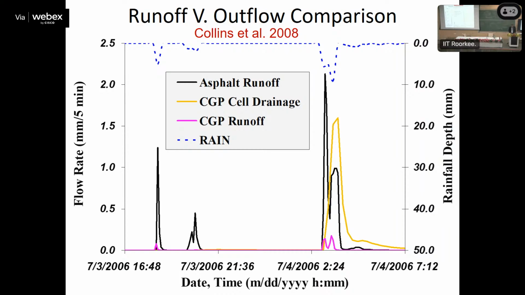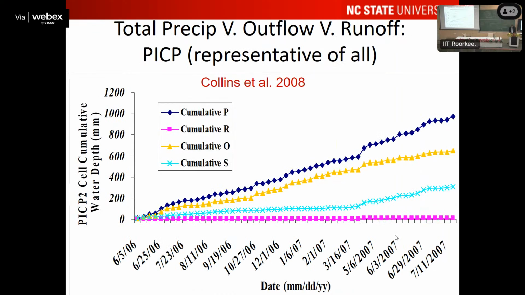So cumulatively, this is for one particular storm, but cumulatively, you can see that while this is rain, P is precipitation, and R is cumulative runoff, all right, you compare P to R, this practice does a great job of reducing runoff, right? There's hardly any runoff, all right?